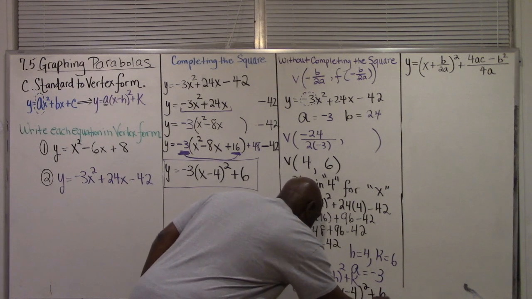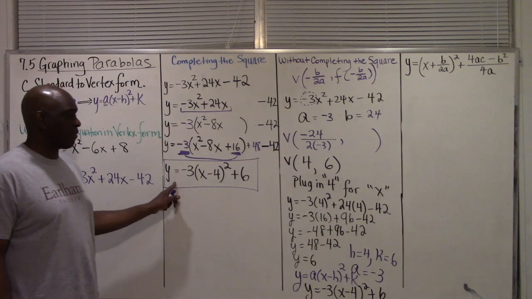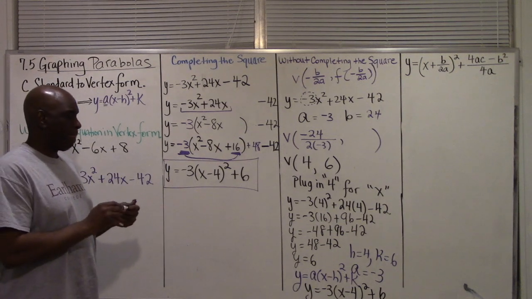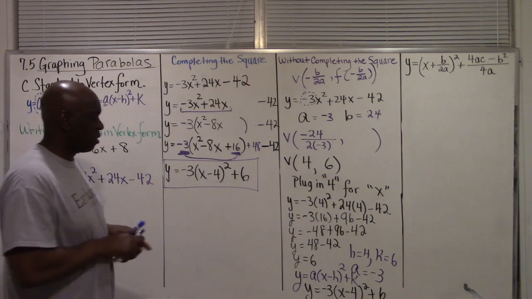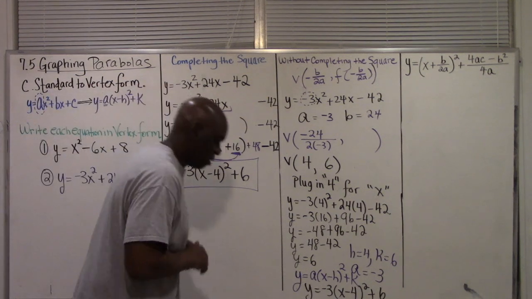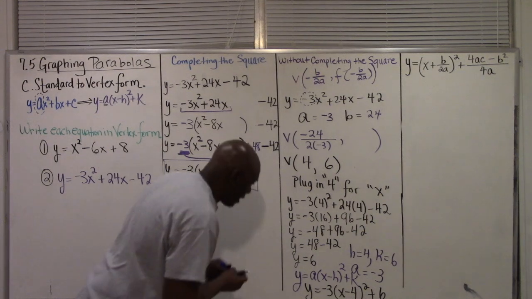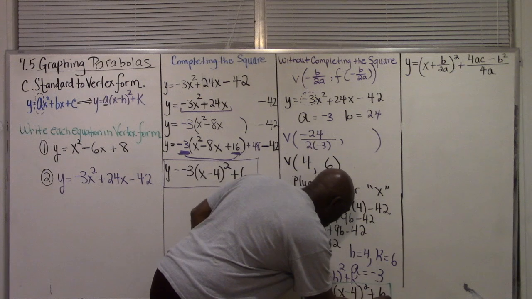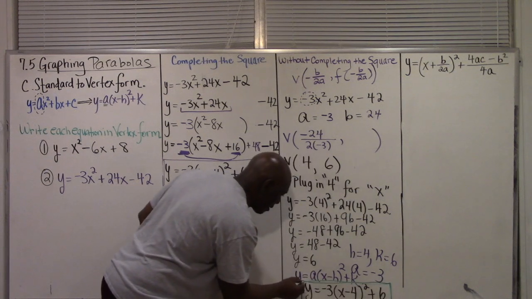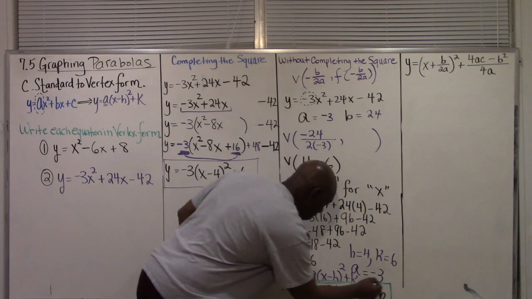Plus 6. Same thing I got right here. The exact same thing. I get it there as well. All right, there it is. I get it right here. Got it. The exact same thing. Got it.